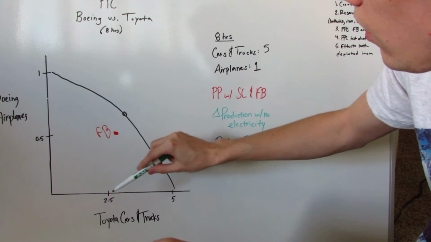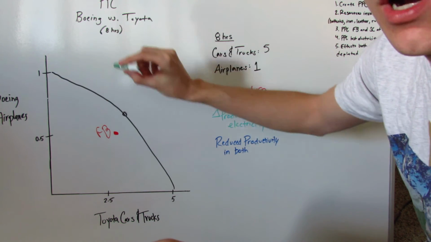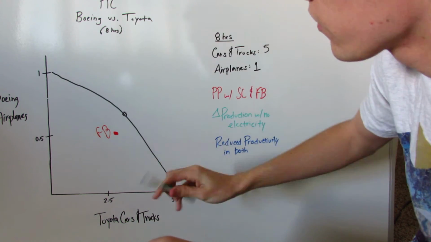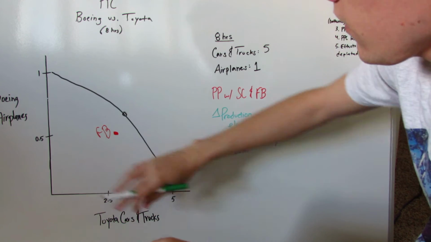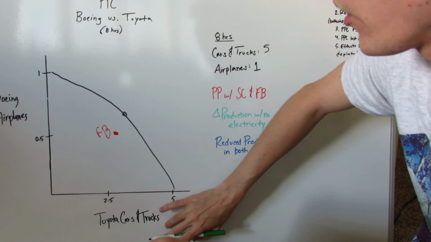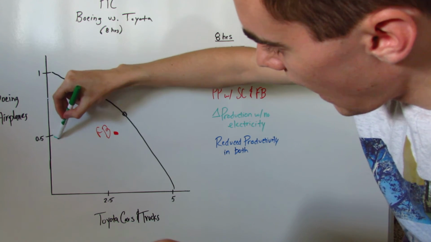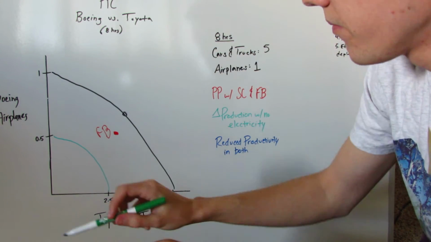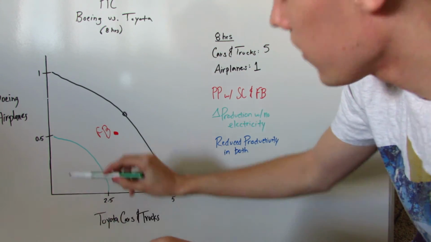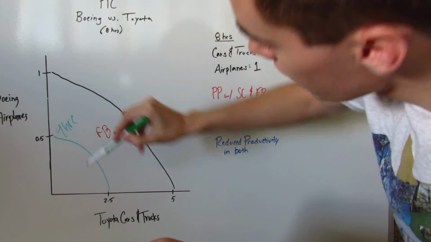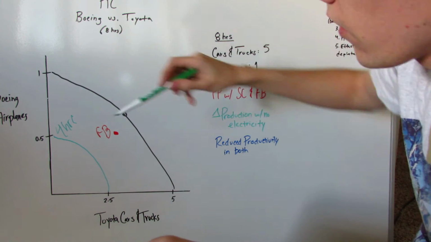So we'll just round it up to 4 hours. We have an 8-hour workday. Let's say we lose power for 4 hours. Since this affects both Boeing and Toyota, that's going to cut our total possible production, and that's going to be the production possibility with 4 hours of electricity.